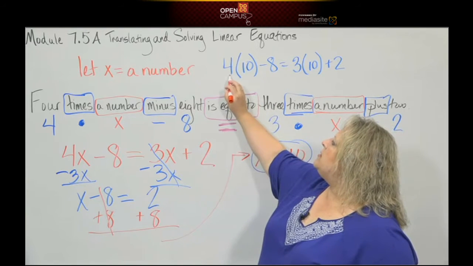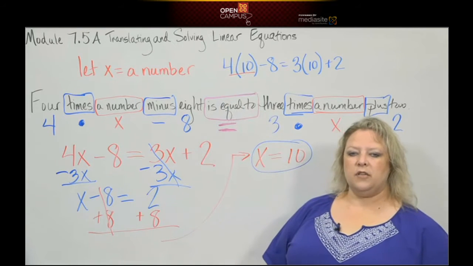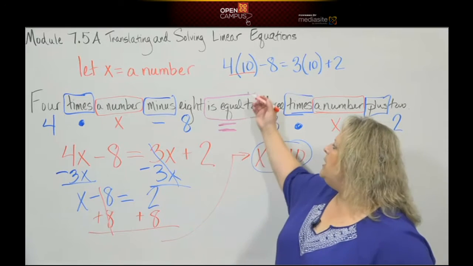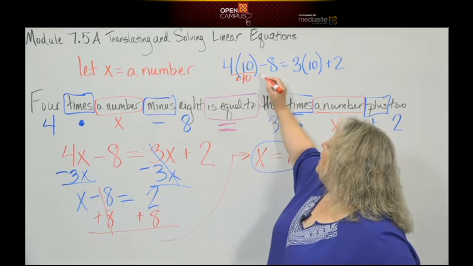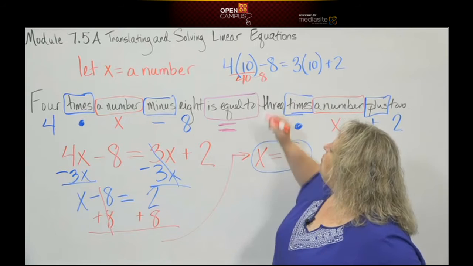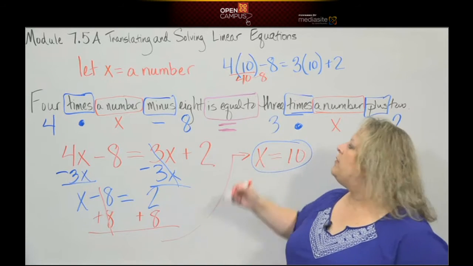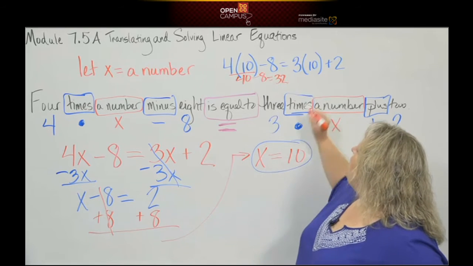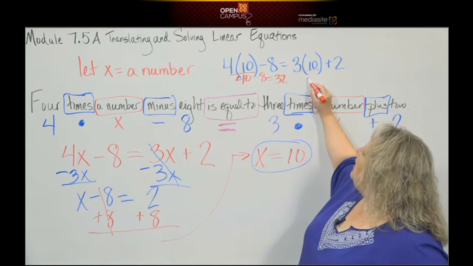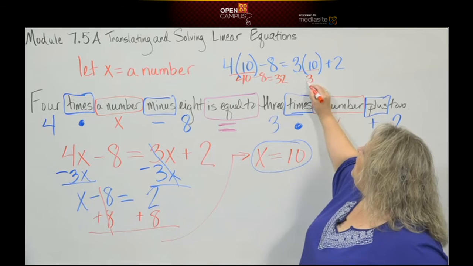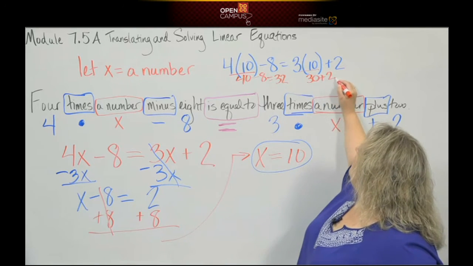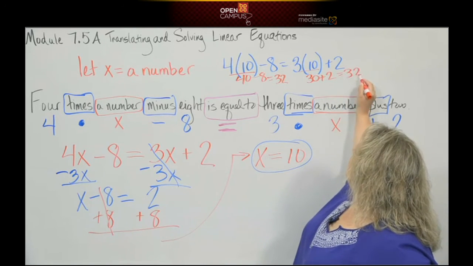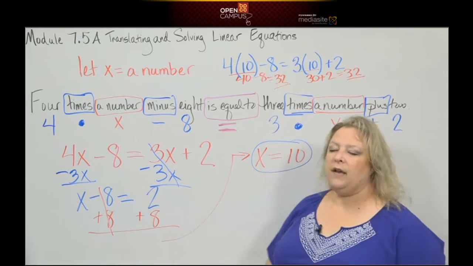Order of operations says do multiplication first, so that would be 4 times 10, which is 40. And 40 minus 8, what is 40 minus 8? 32, that's right. Okay, now let's do the other side. 3 times 10, that's multiplication, that's 30. Plus 2 makes 32. Absolutely, I got it right.